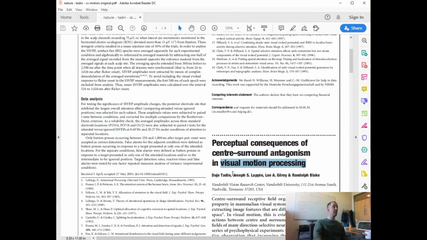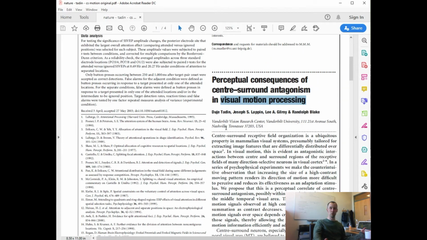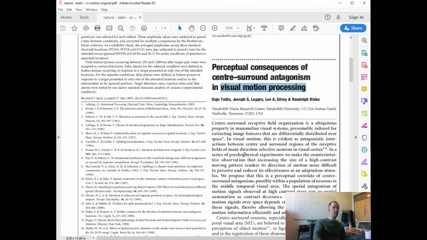Now this study is in Nature, which is probably the top journal in the world, of all science, Nature and Science being right at the top, those two. For a perception study where you're just doing a task on a computer to get into Nature, it has to be a really big deal. So this paper is a really big deal. A lot of people cite this paper now.